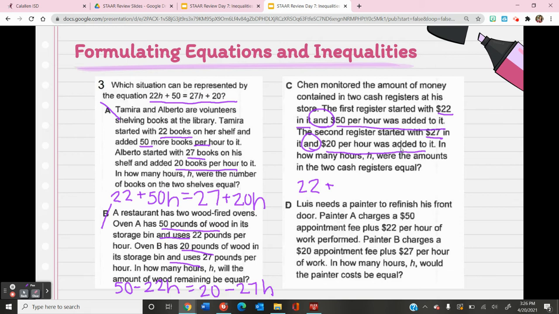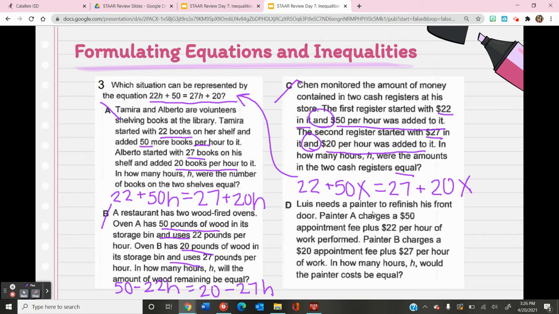They added $50 per hour, so 50H. And this is equal to the second register, which started with $27 and added $20 per hour. So looking at our equation over here, this still does not match. So hopefully D is our answer, but again, we still do have to check this.